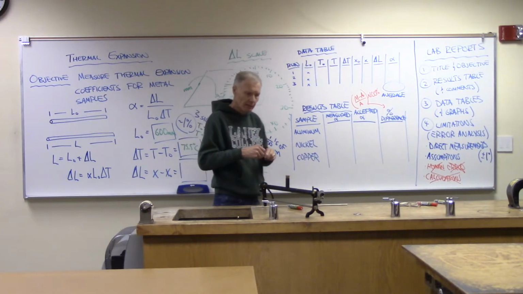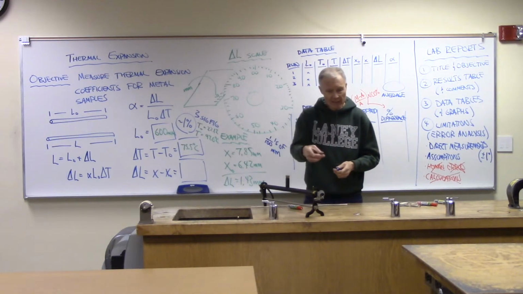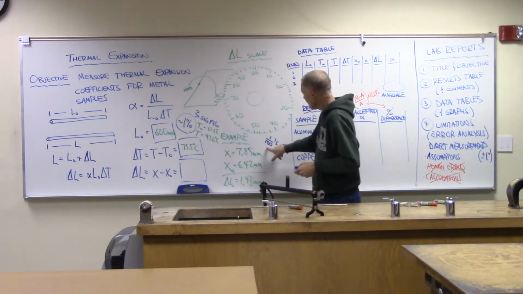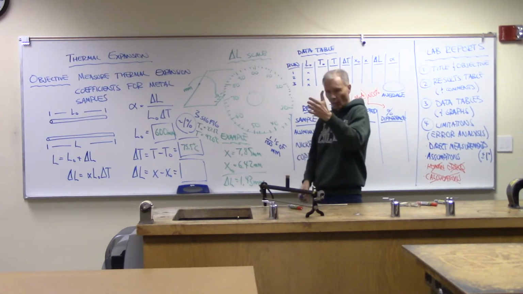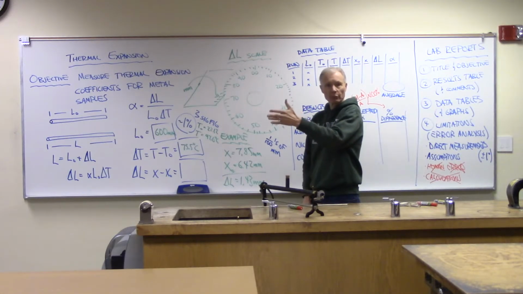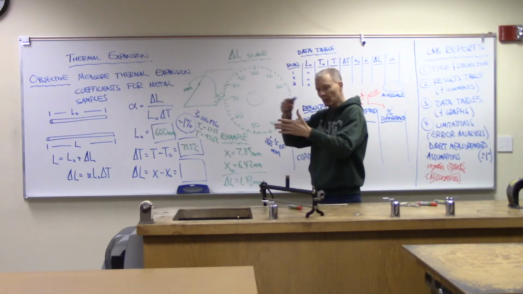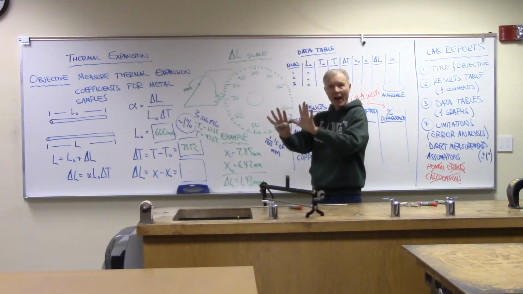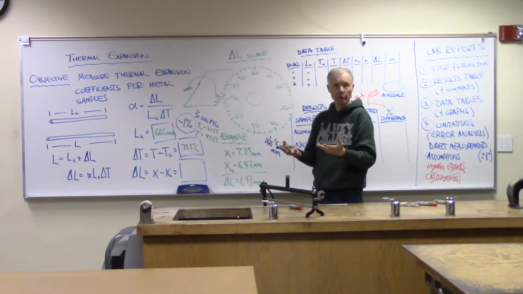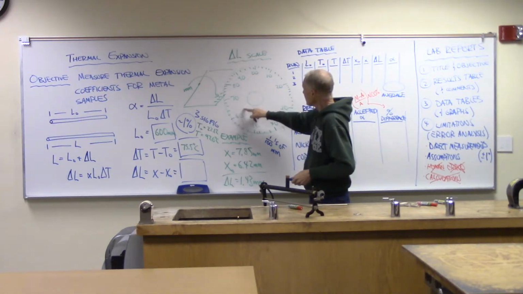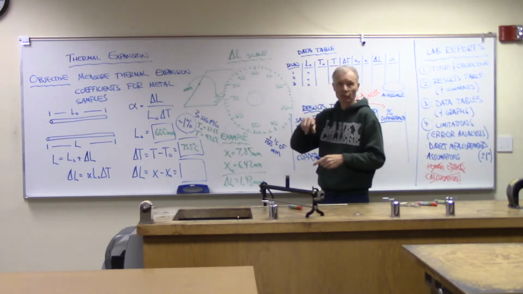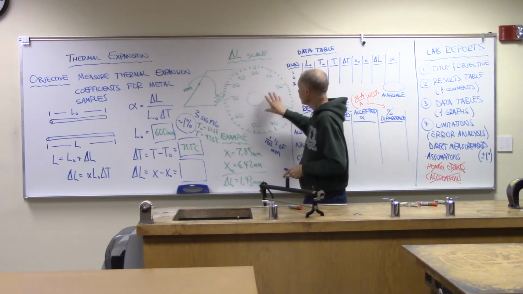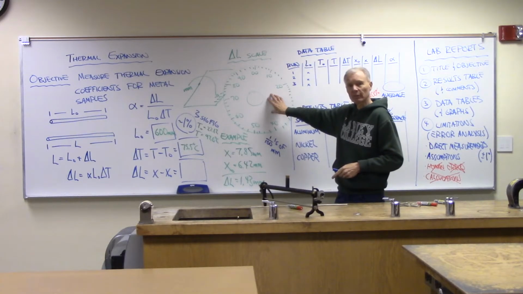The threading on this circular rotatable scale has a 1 millimeter spacing between the threads. Every time I rotate that once, it moves forward or back by 1 millimeter. And since this scale is keeping track, it's breaking up that one full rotation into 100 pieces. Those become like hundredths of millimeters.